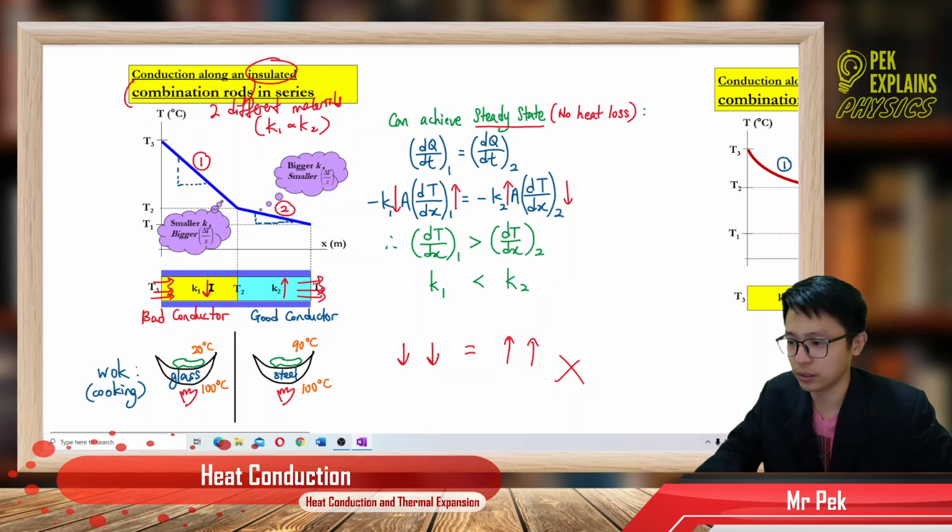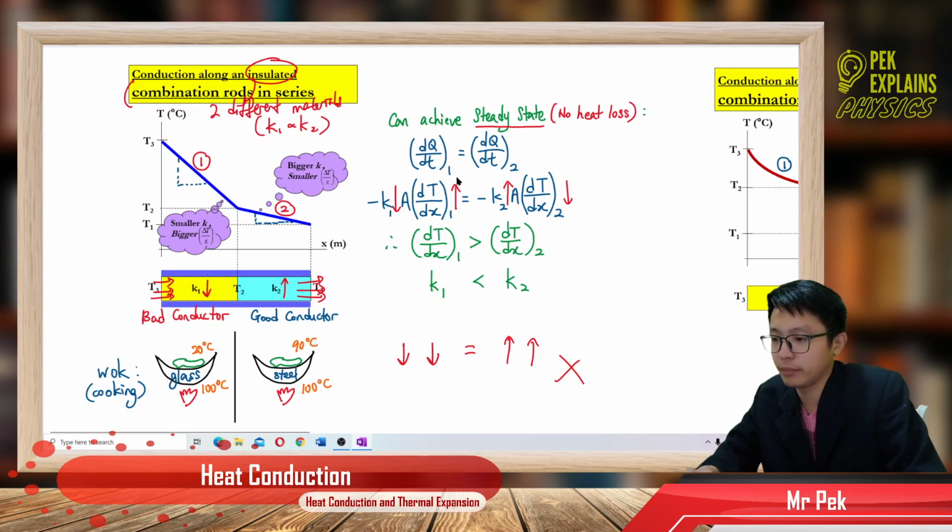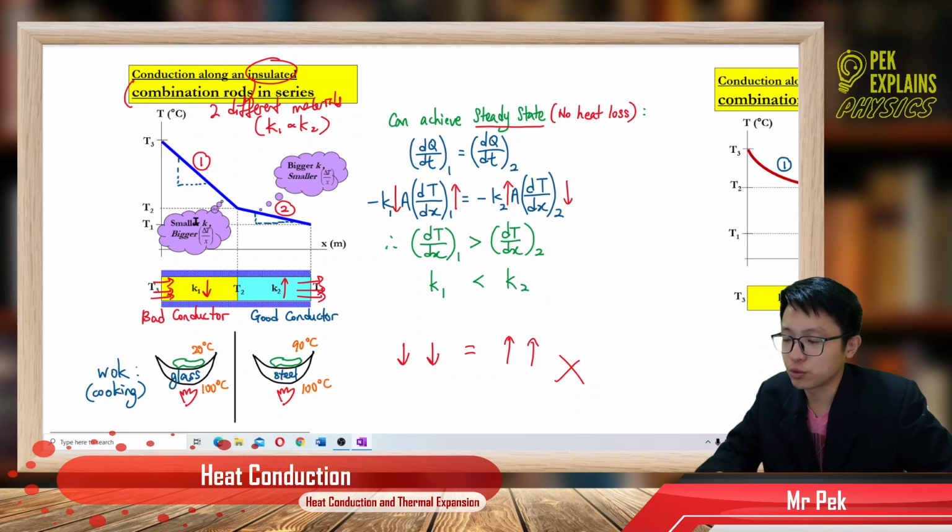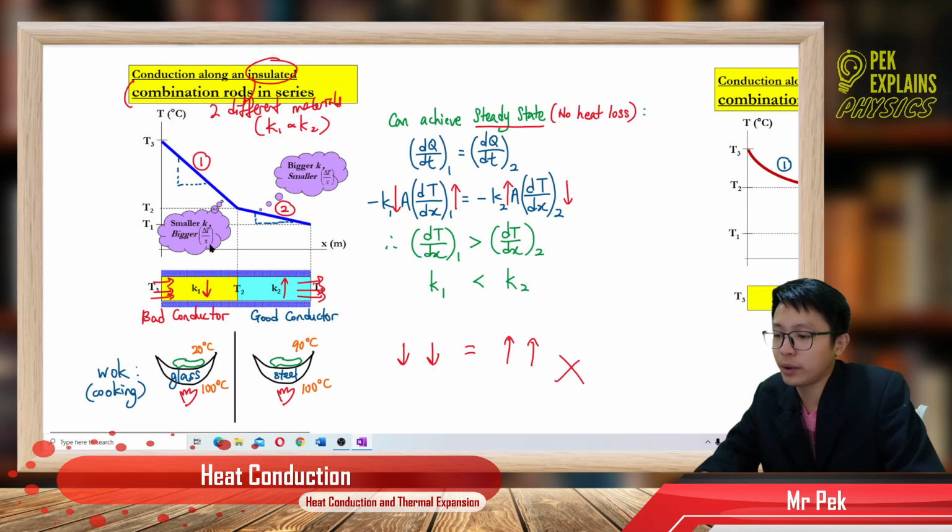It has low thermal conductivity. So what happened to the gradient? The gradient will become bigger. So smaller K, bigger temperature gradient.